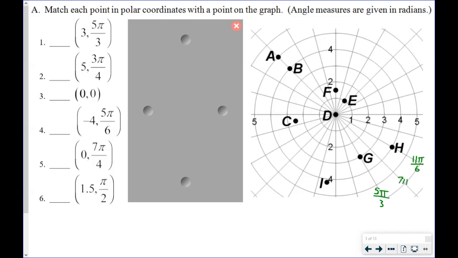The spoke right in between them is 7π/4, using the unit circle. But we're looking at the angle 5π/3, so we're looking at the spoke that goes out to 5π/3.